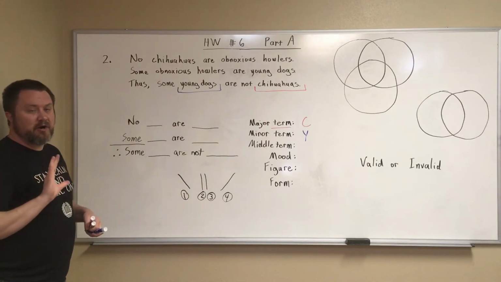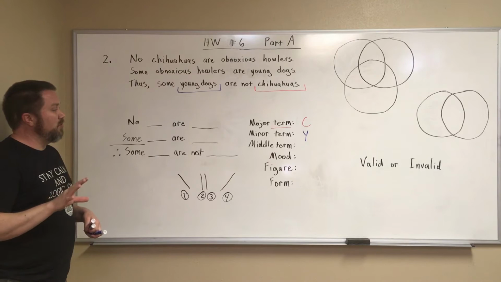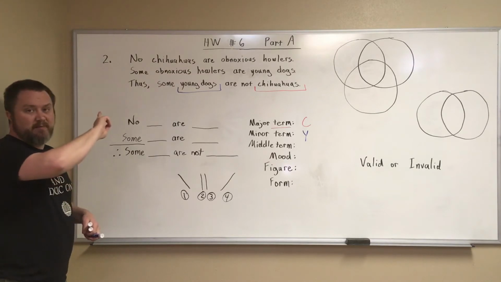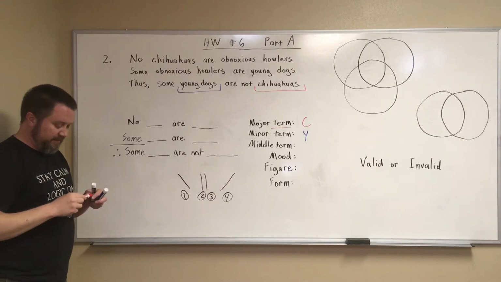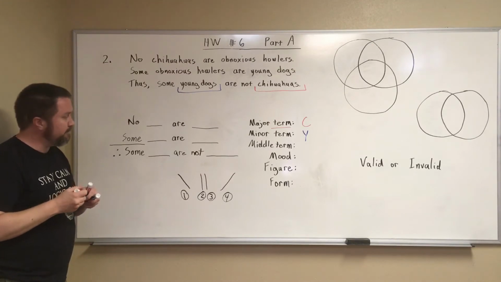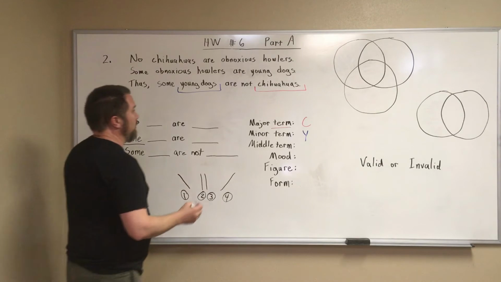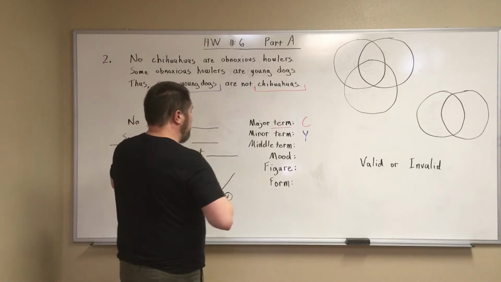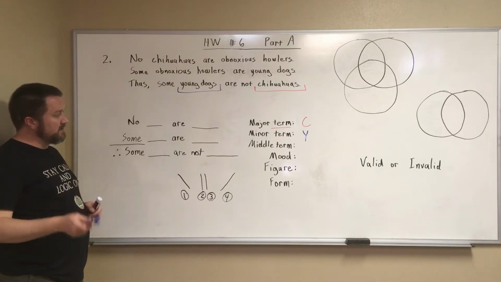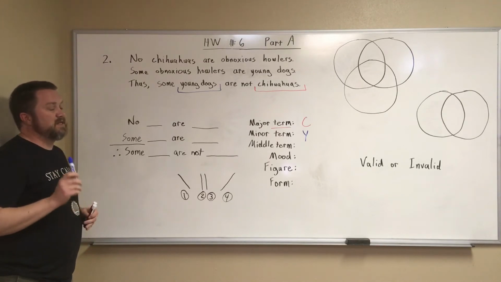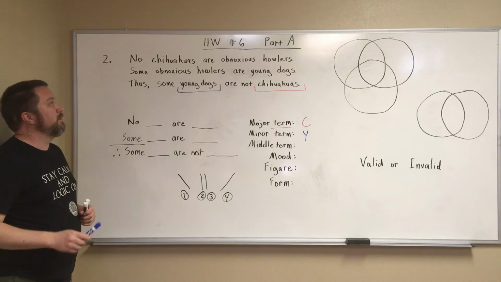So let's make sure before we go to the mood and the figure that the first two statements, the premises, are in the proper order, because that'll affect our figure if it's not. So the first statement, the first premise, is always going to be the premise that contains the major term.